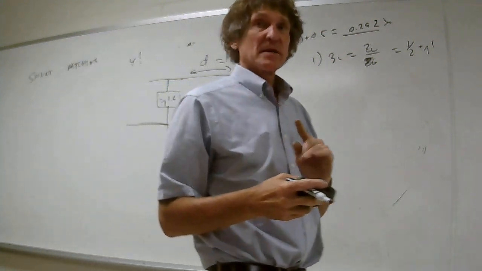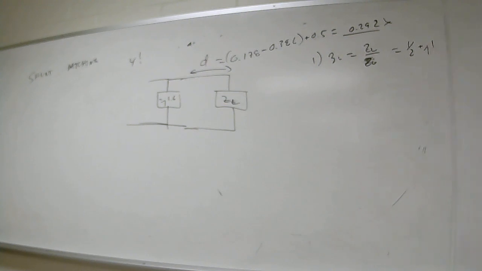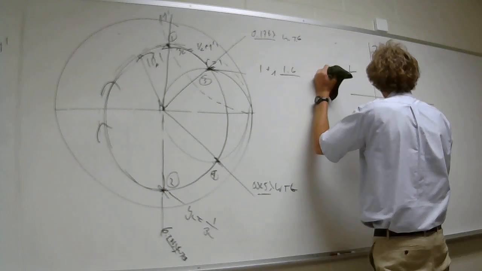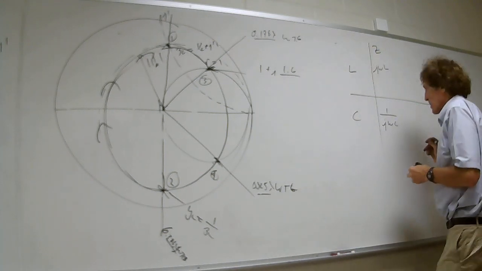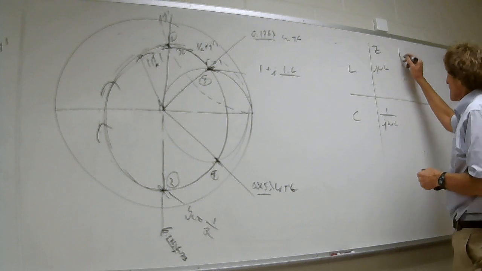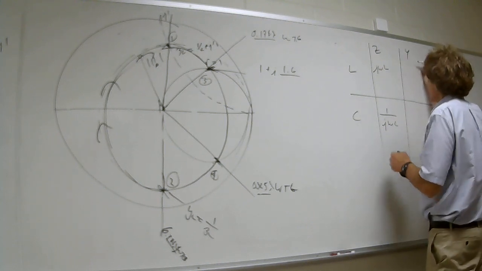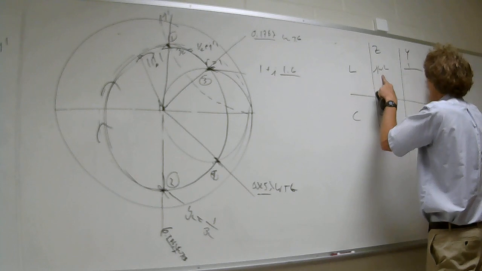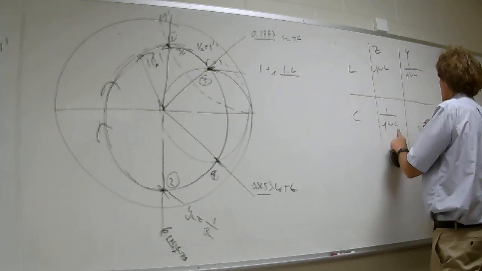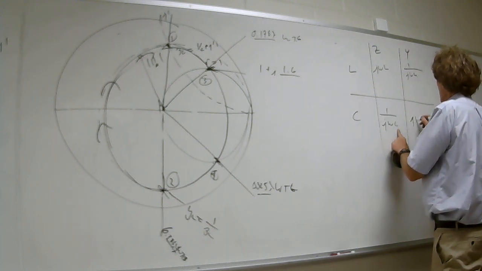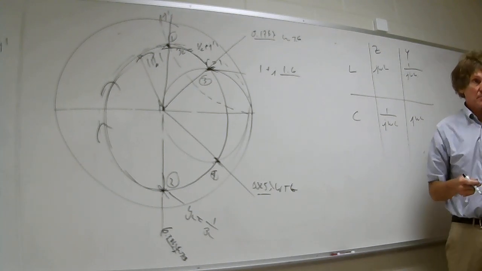So think about this. This is an admittance. If we have an inductor L or capacitor C, I want you to just follow this. If we talk about the impedance of these, the inductor is J omega L. The capacitor is 1 over J omega C, or minus J over omega C. If we talk about the admittances, Y, for an inductor it's 1 over J omega L, and for a capacitor the admittance is J omega C. Can you all follow me on the rationale?